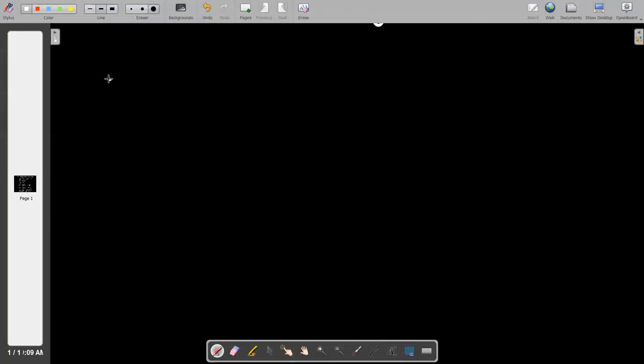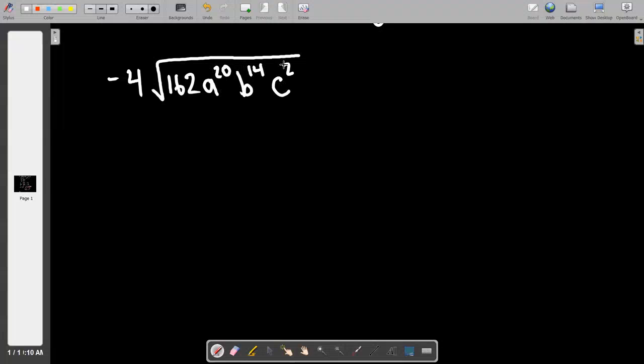Let's try something fancy. Let's do -4 times the square root of 162 a to the 20th b to the 14th c to the 21st.